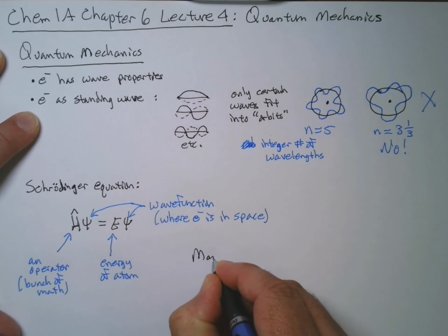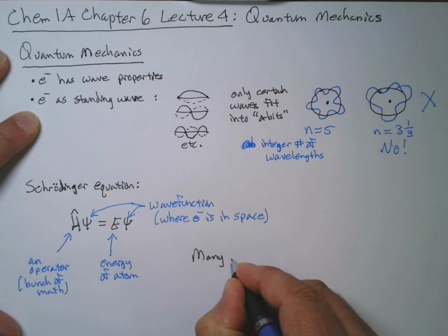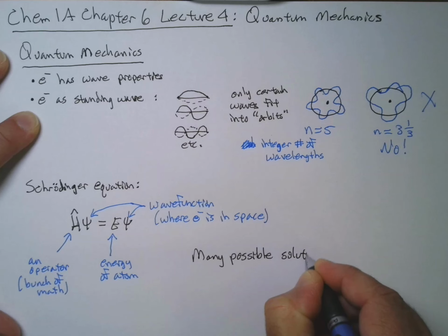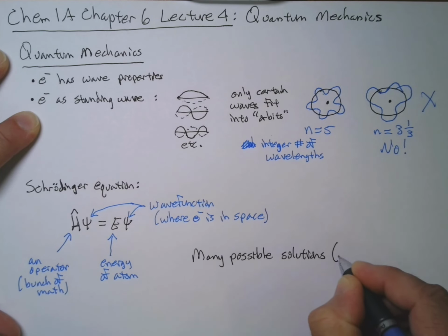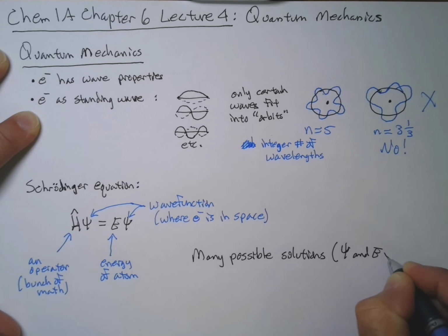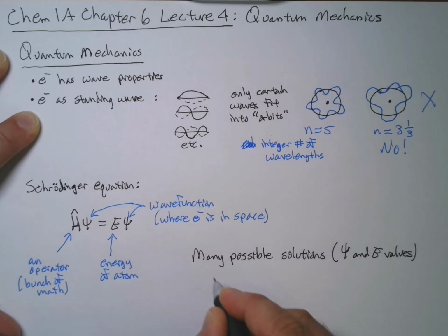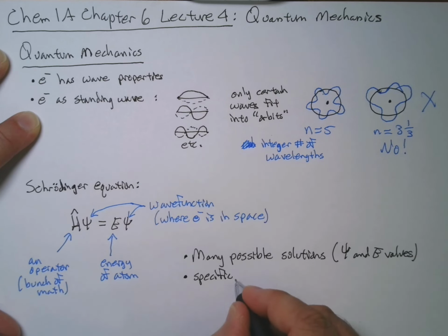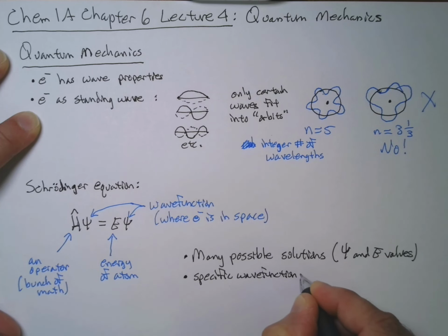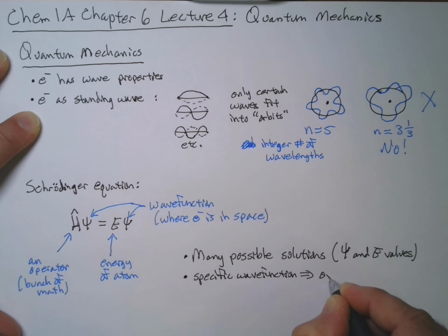So let's just say here, many possible solutions, psi and E values. And one of these specific solutions, a specific wave function, is called an orbital.